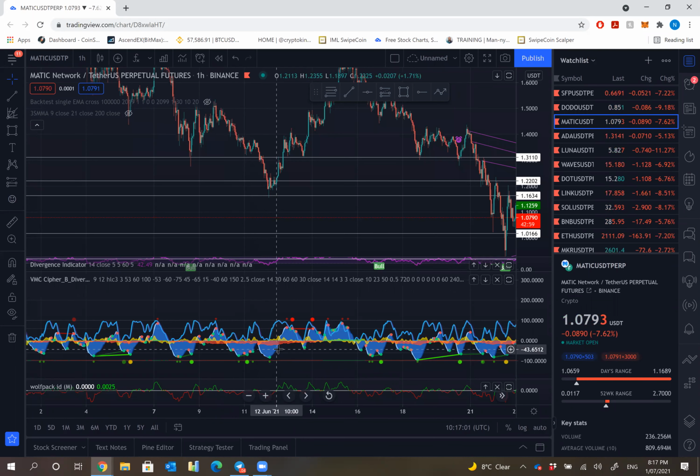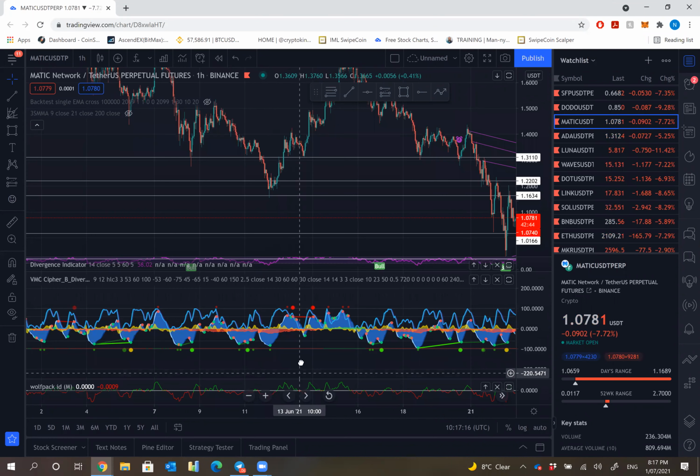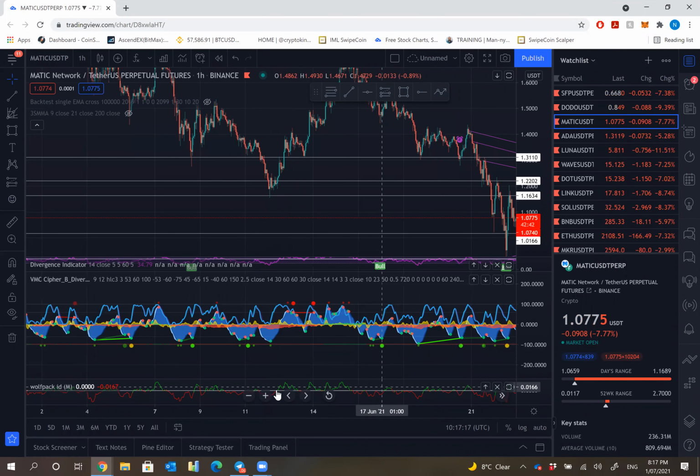And that's when you go, all right, let's start looking for a long position. This trigger wave says, all right, I think a long position is about to come up. And then suddenly you've got green on your Wolfpack ID, and you go, all right, time to enter the market. So that's when I entered the market there, just before that jump right here.